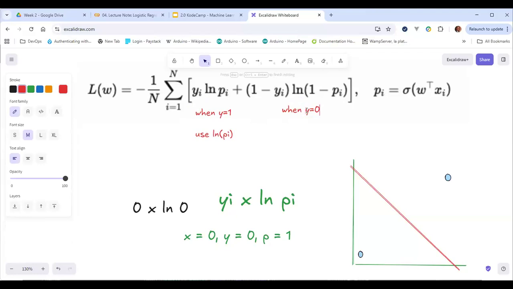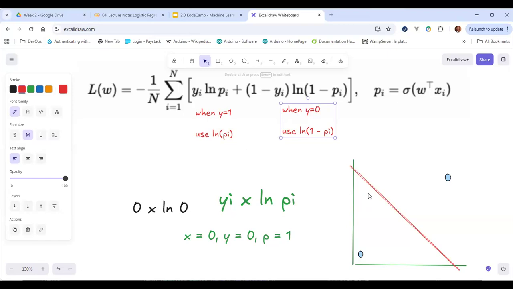When y is 0, use ln(1 minus pi). So this is what it is telling you. It is a piecewise equation that is made up of two parts. When y is 0, you use ln(1 minus pi) to calculate the loss. But when y is 1, you use ln pi, or ln p, to calculate the cost.